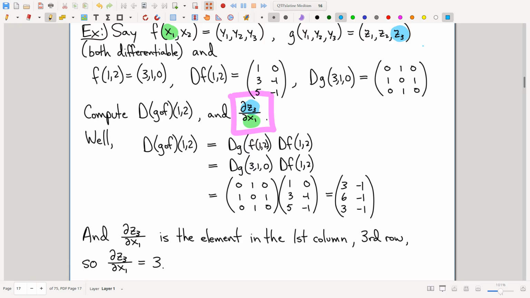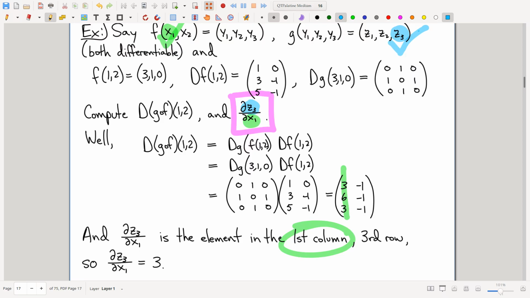And also, don't forget, inputs correspond to columns. X1 is our first input variable, so we're going to be looking in the first column of that matrix. Likewise, don't forget, outputs correspond to rows of a derivative matrix.